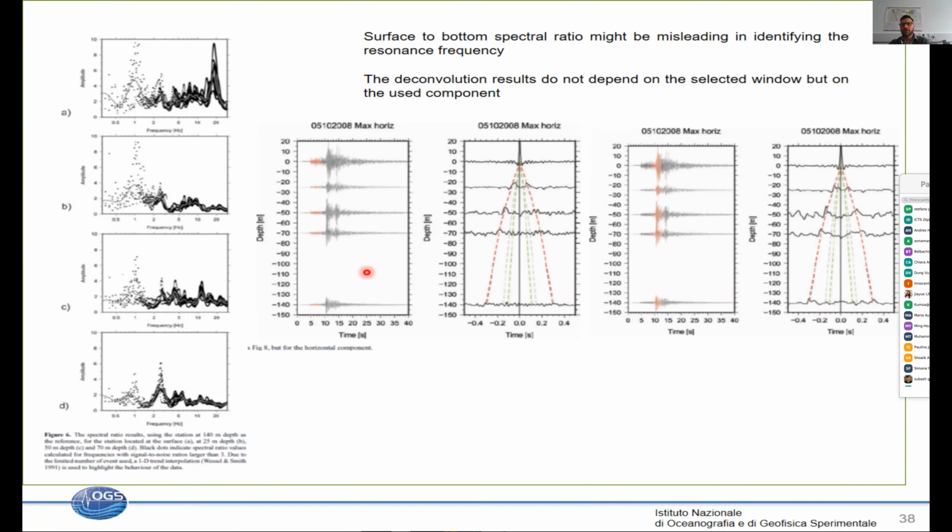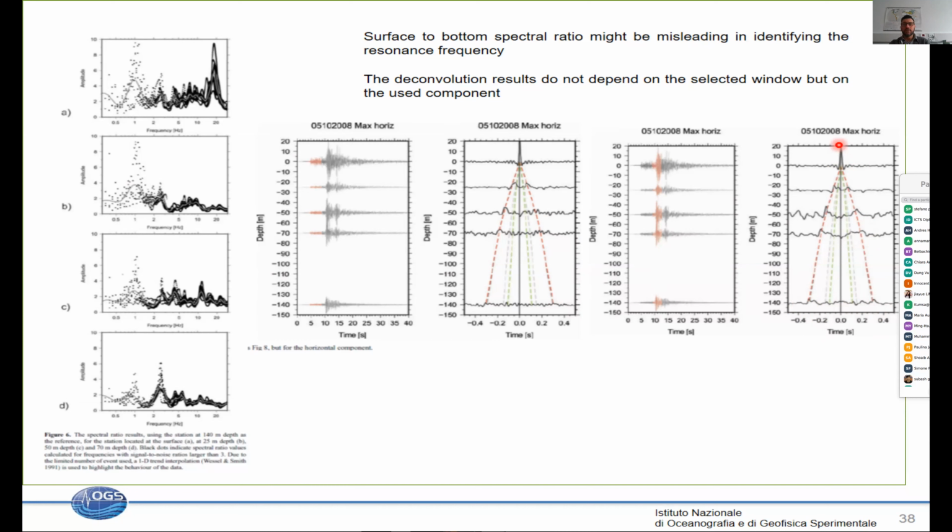We can do it mathematically, and we are able to remove the effect of these waves that you clearly observe here. These downgoing waves, this pulse propagating down, should be removed to obtain a clear spectrum having in the underground only the effect of the input part propagating from the bottom up to the surface.